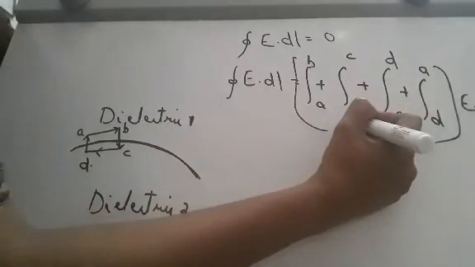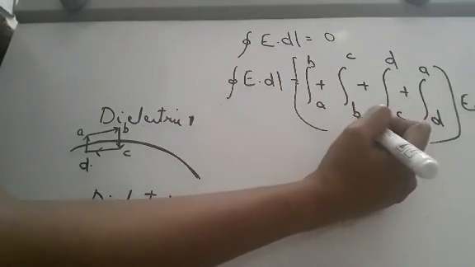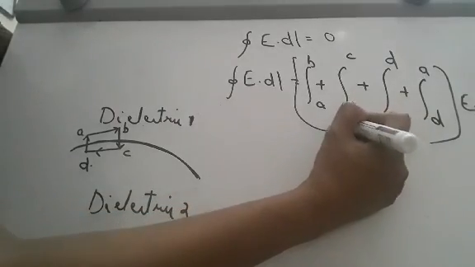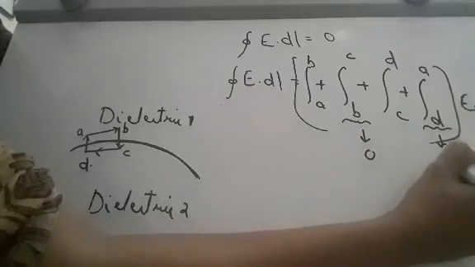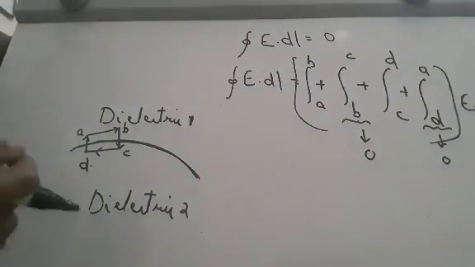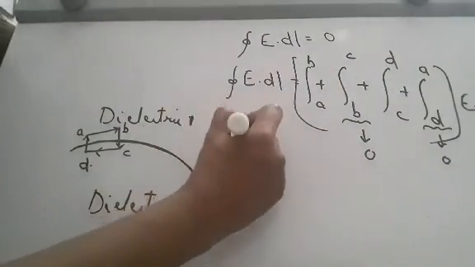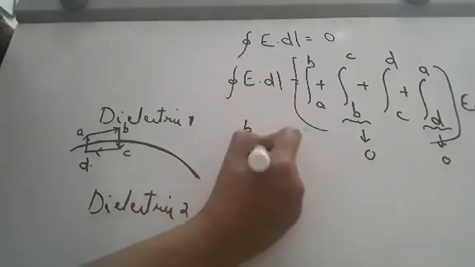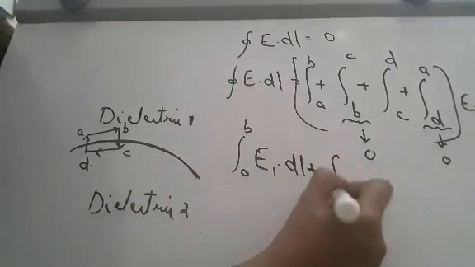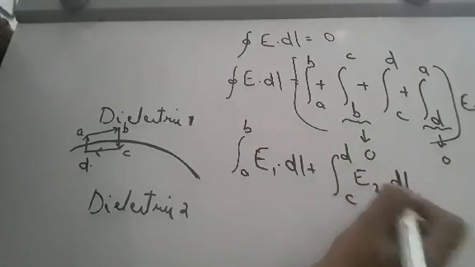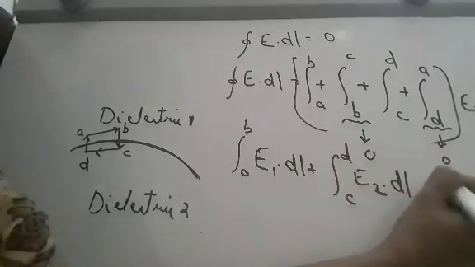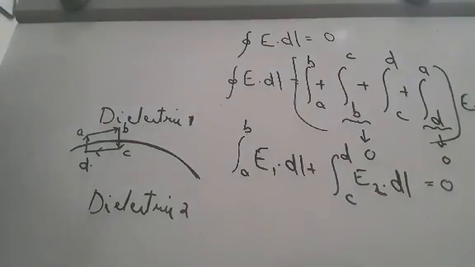That means the second and fourth integrals are tending to 0. So there is need only to take the first and third integrals. So integral of A to B E1 dot dl plus C to D E2 dot dl is equal to 0. So these are the tangential components.